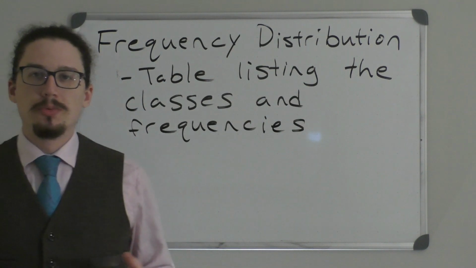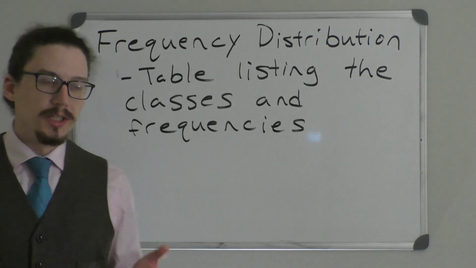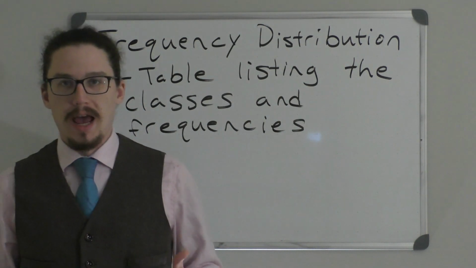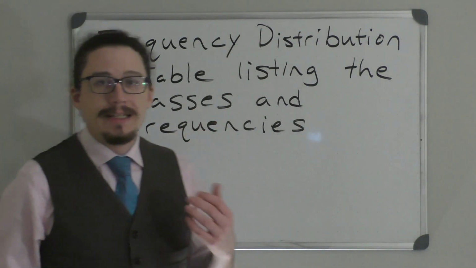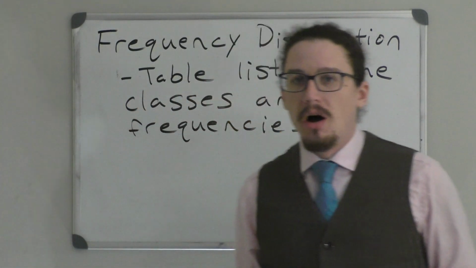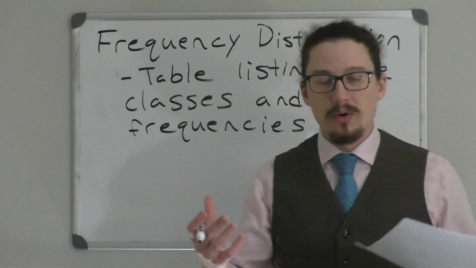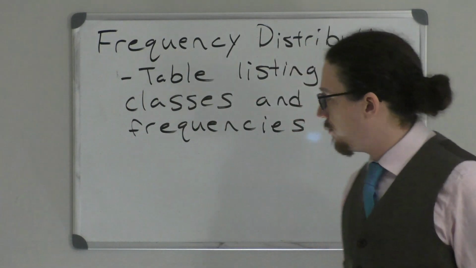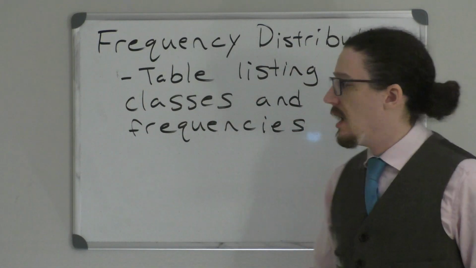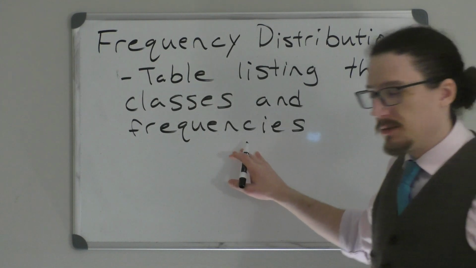The frequency distribution is the first actual visualization tool that we're going to have. It's simply a table that's going to list all of the classes or categories, whatever possible outcomes we could have, and their frequencies.